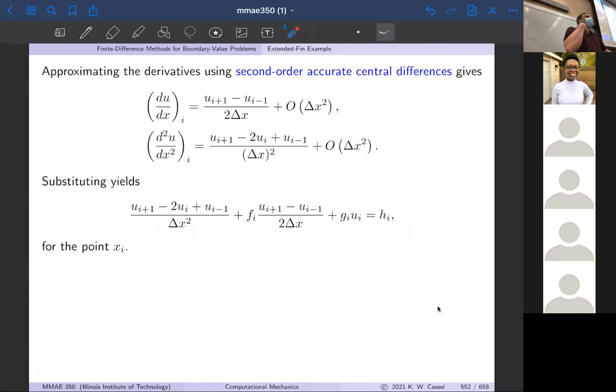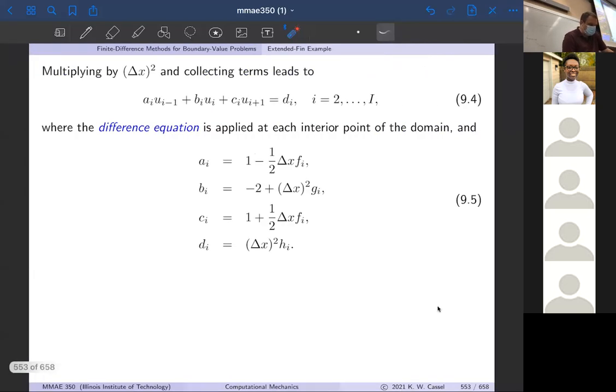I'd like to give my computer A's, B's, C's, and D's that are order 1. I don't want them to get really big. I don't want them to get really small. So simply by multiplying through by delta x squared in this equation, we'll make these coefficients order 1, as you see right here. It's literally order 1, order 1, order 1.